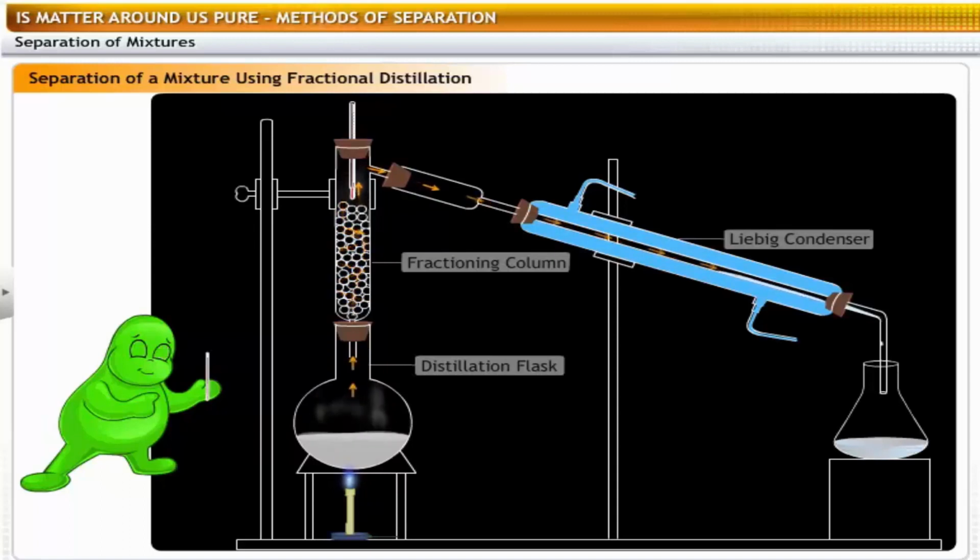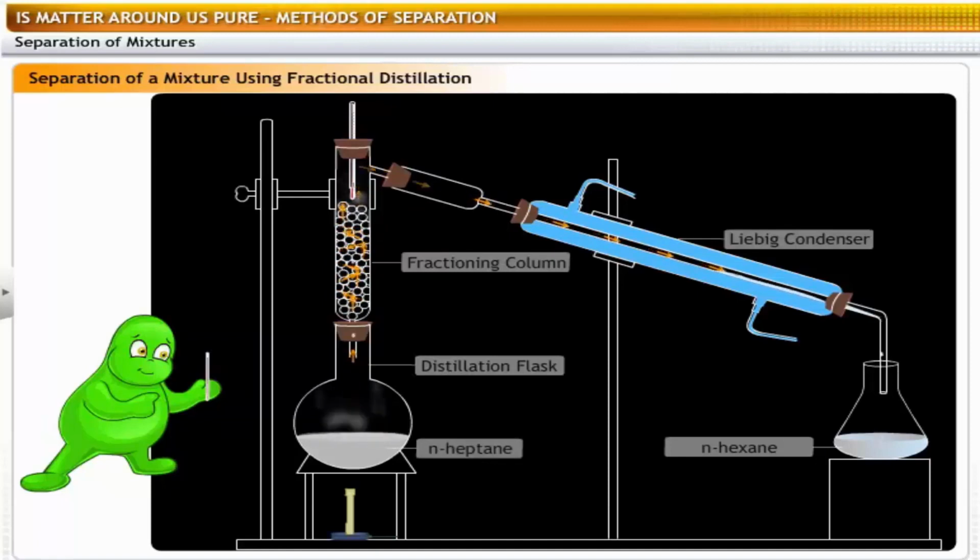The fractionating column obstructs the smooth upward flow of vapors. During this process, only the vapors of n-hexane, which has a lower boiling point, pass through and get condensed in the condenser. N-heptane, which has a higher boiling point, condenses and flows back into the distillation flask.